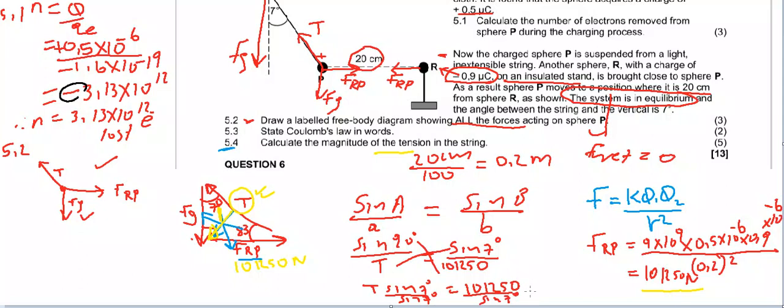Then we press the calculator now. Then T is equal to, that is the tension.